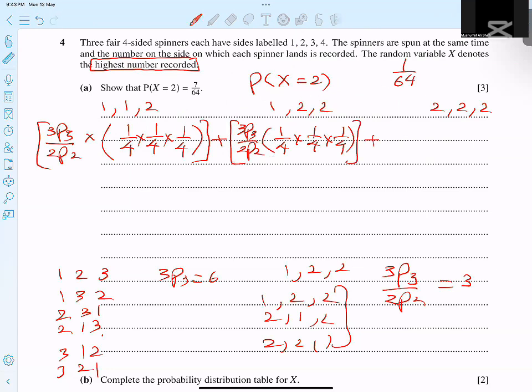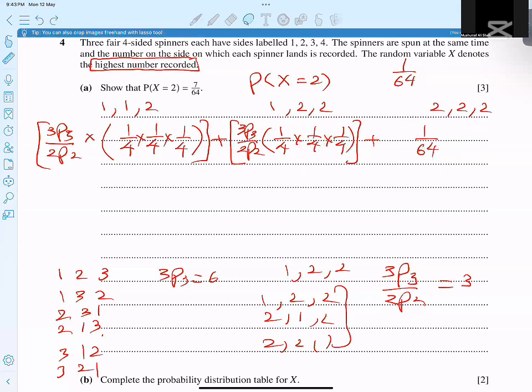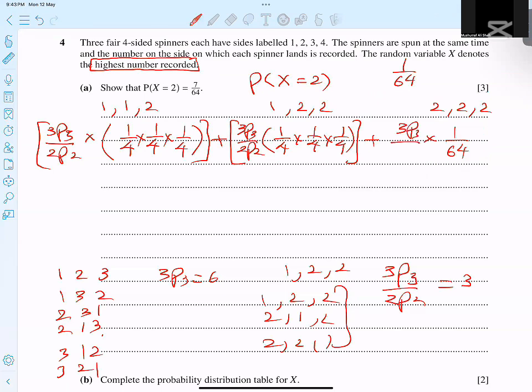That's it. Now let's talk about this situation. I'm writing directly 1/64 because each number is 1/4, 1/4, and 1/4. But times what? Surprisingly, I am writing here 3P3, but all three are repeating. So 3P3 over 3P3. That is why we are getting one time only, because this answer will cancel.